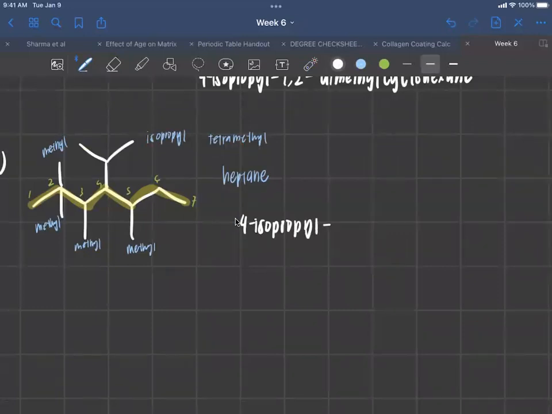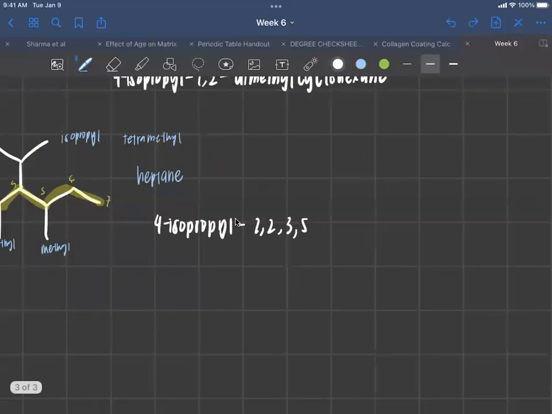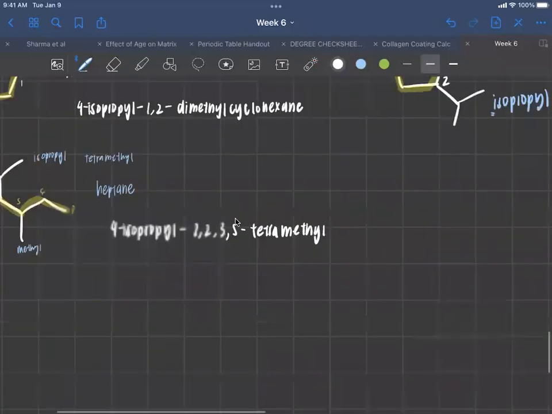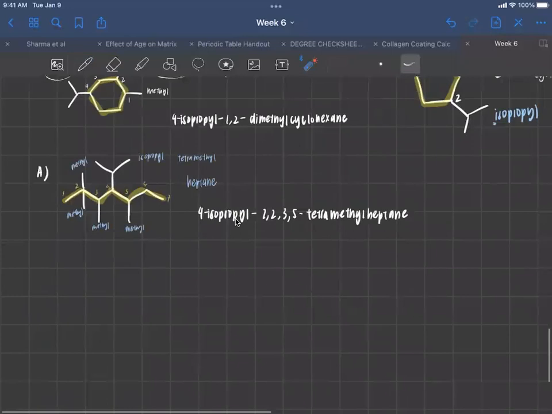And then we have methyl groups on carbons 2, 2, 3, and 5. And let's see, we have a tetramethyl. And that's all of our substituents. So we can go ahead and just slap on our parent chain. So we have a 4 isopropyl 2235 tetramethyl heptane.